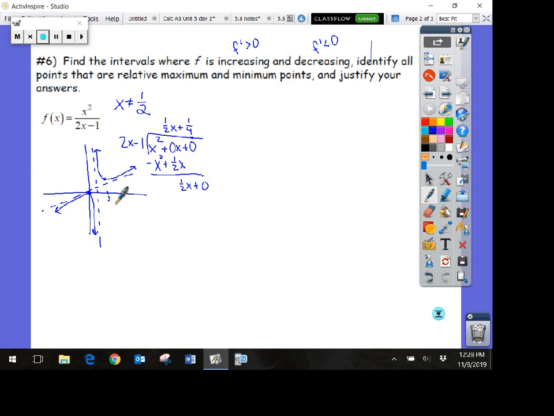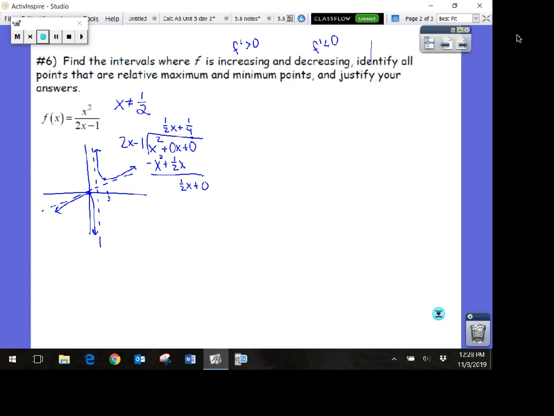So we do that by finding the derivative. So f prime of x equals, this is the quotient rule. Don't forget about the denominator in the quotient rule, that g squared in the denominator. So we have 2x times 2x minus 1, minus, that parentheses sometimes is necessary, sometimes isn't.